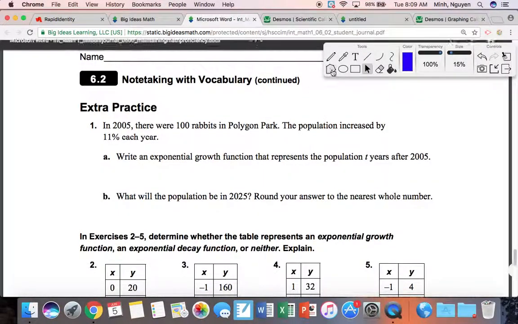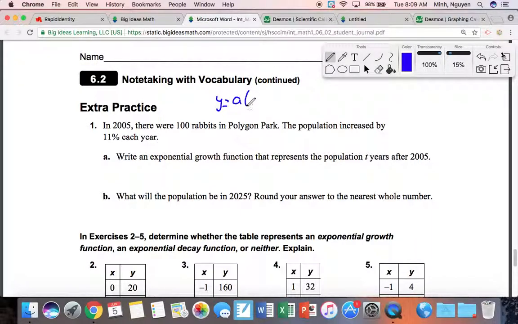As a reminder, y equals a (initial) times 1 plus r to the t. This is the growth rate, and the whole thing is the growth factor. So it's the rate in decimal form, and the initial, or starting amount.